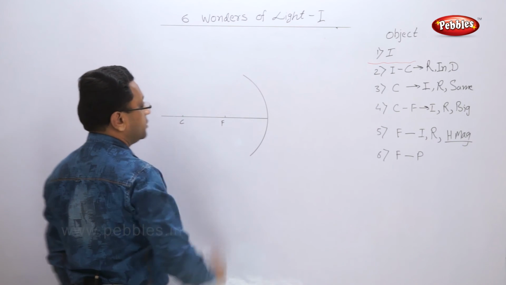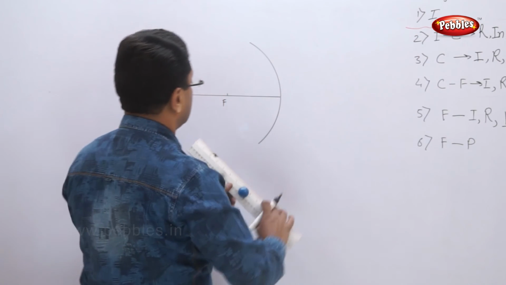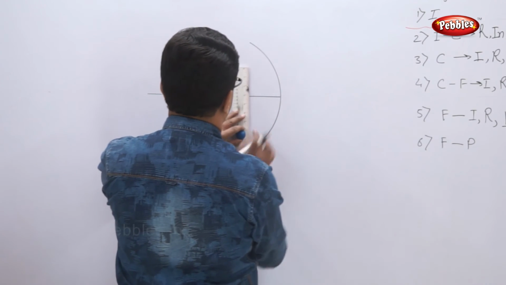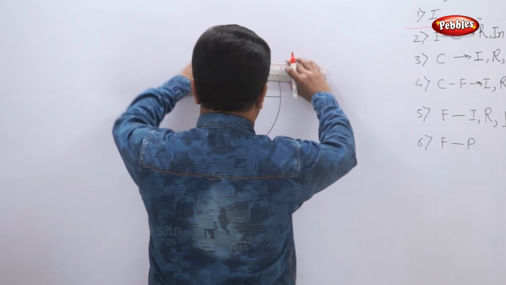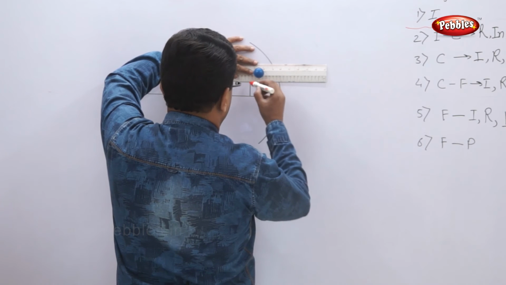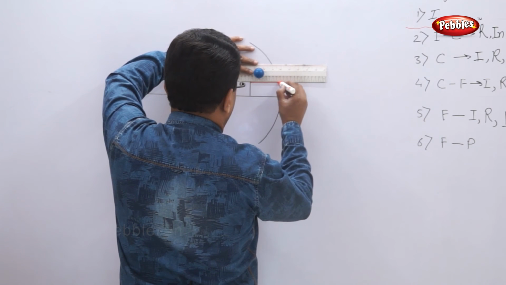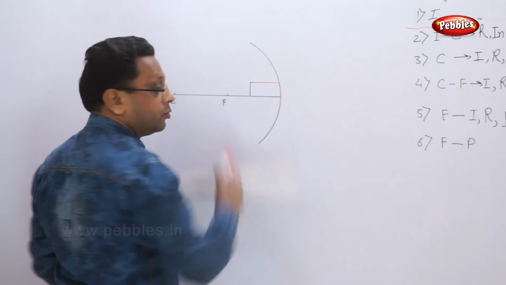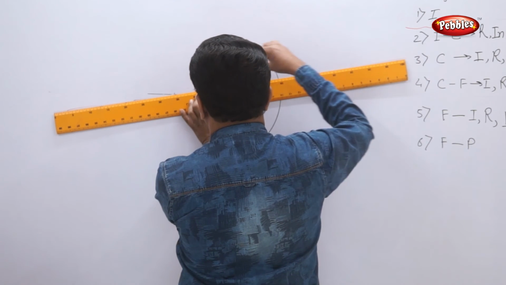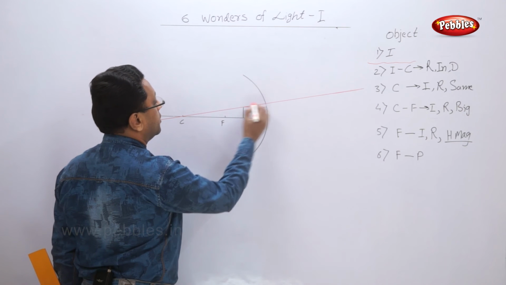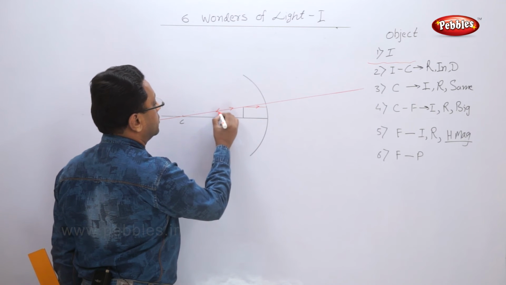F is here, C is here. Now my object is somewhere here. As usual, one ray will be parallel to the principal axis and one ray will pass through C. This ray is going here.